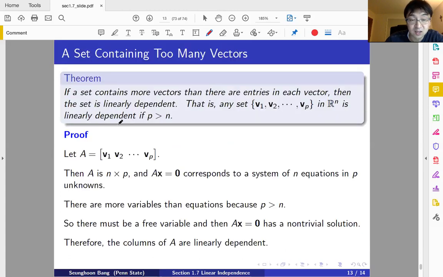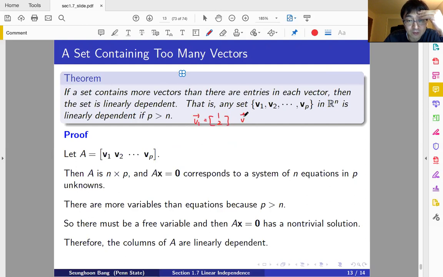Does this make sense? I'm going to give one example, which is better for understanding this problem. Take R2, so n equals 2. Vector v1 is (1, 2).